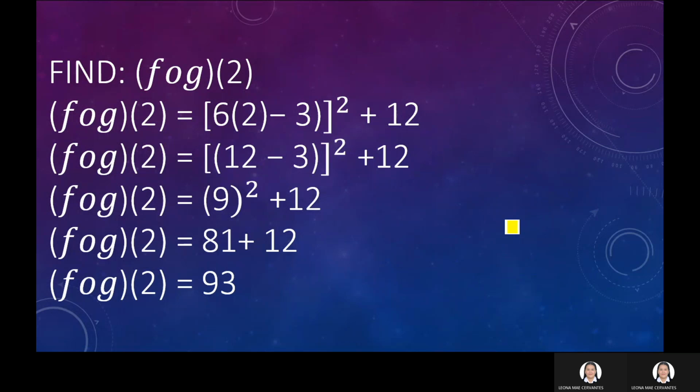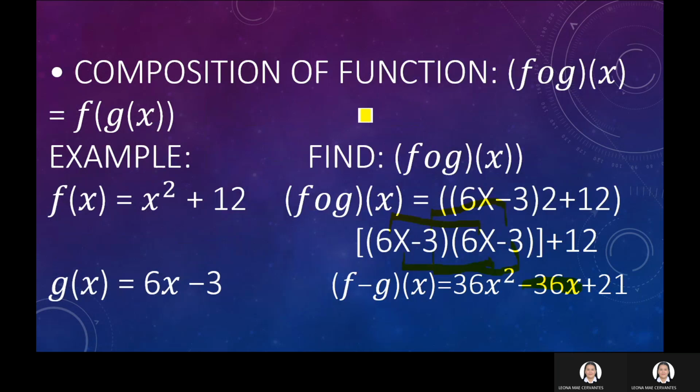Okay, next, f composition of g of x, if x is equal to 2. Again, the value of f of x is x squared plus 12. We will substitute the x with the value of g of x, so 6x minus 3.